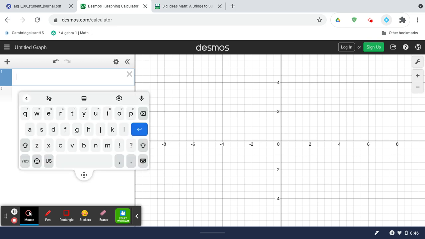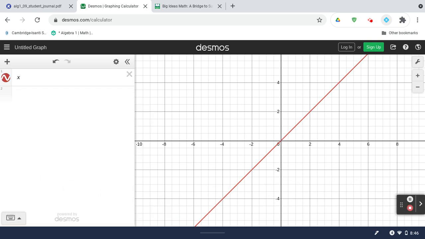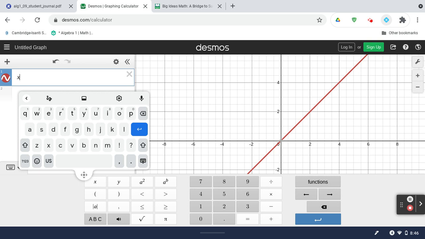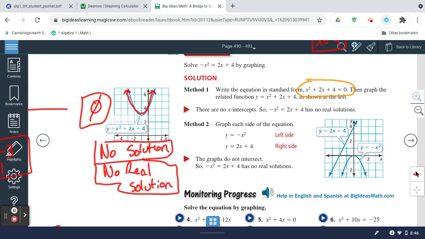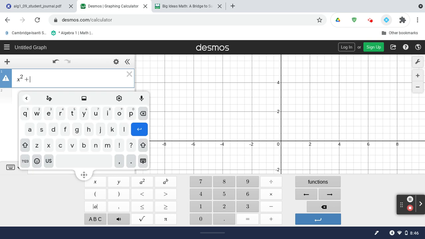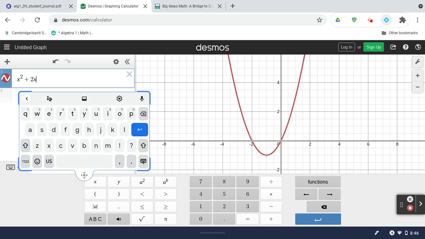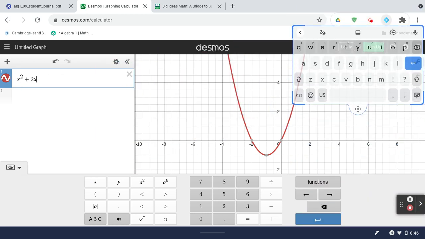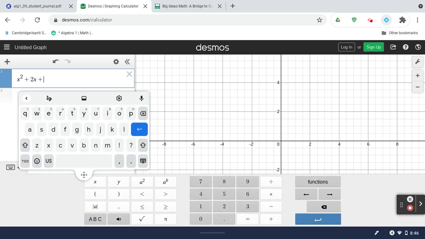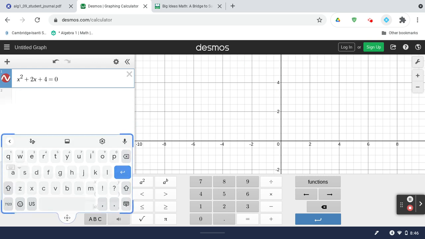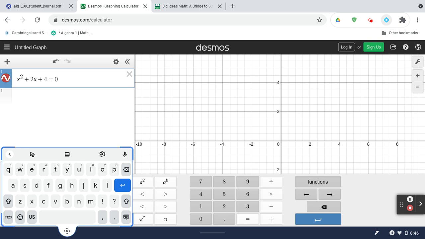And I'm going to have x squared, plus 2x, plus 4 is equal to 0. Okay, x squared plus 2x plus 4 equal to 0.